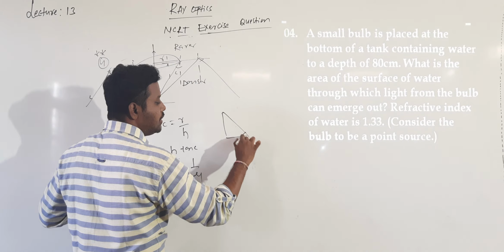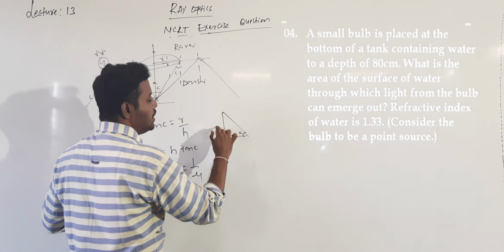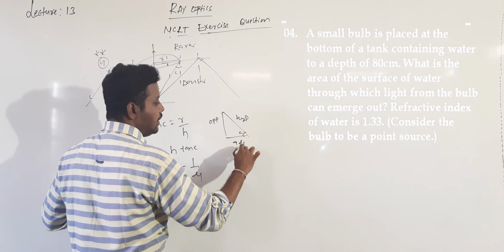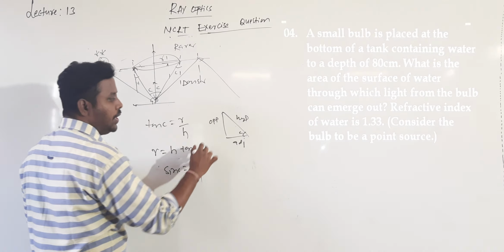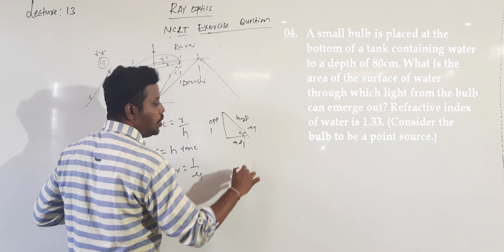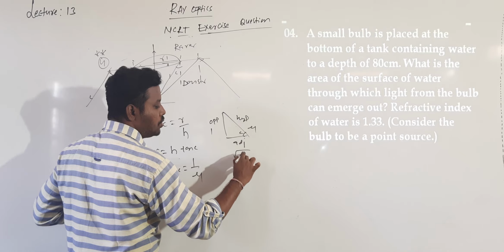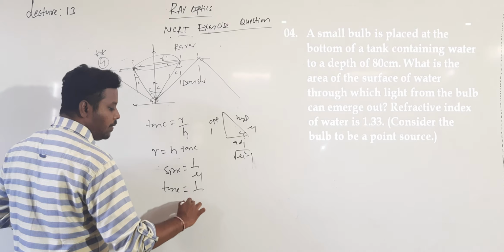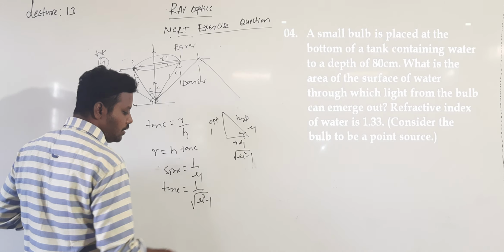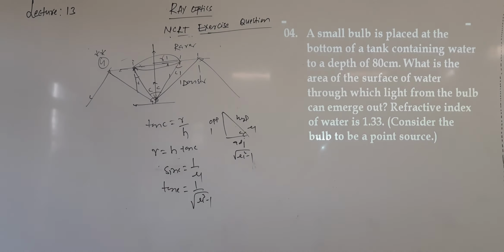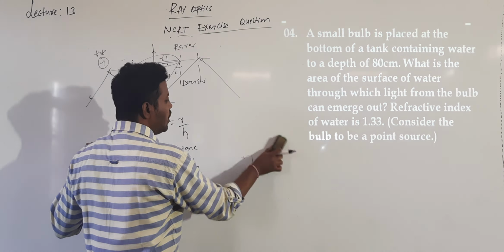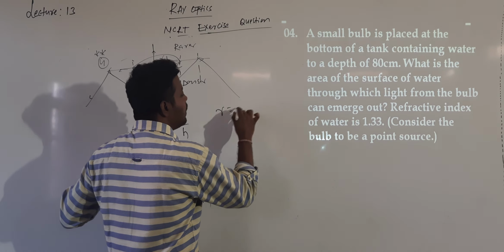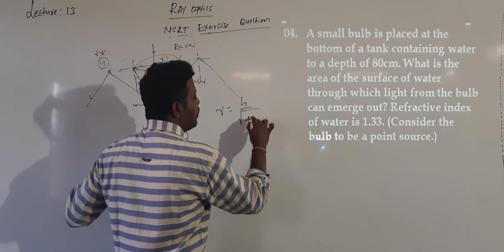In the triangle, the opposite side is 1, the hypotenuse is mu, so the adjacent side will become root over mu square minus 1. So tan C will become 1 by root over mu square minus 1. Understood? So R is equal to h divided by root over mu square minus 1.